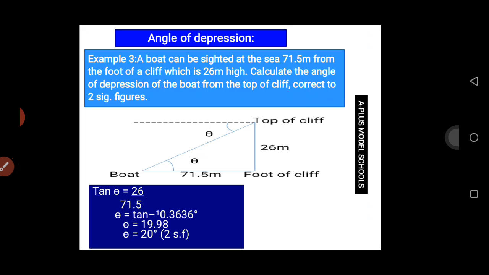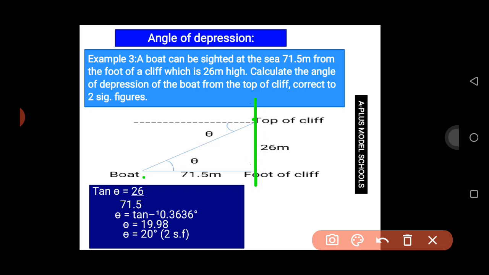Now, when you look at this question very well, the boat is here. You can see it's already labeled. If this is the top of the cliff, this will be the base, which is the foot of the cliff. The boat is 71.5 meters from the foot of the cliff.